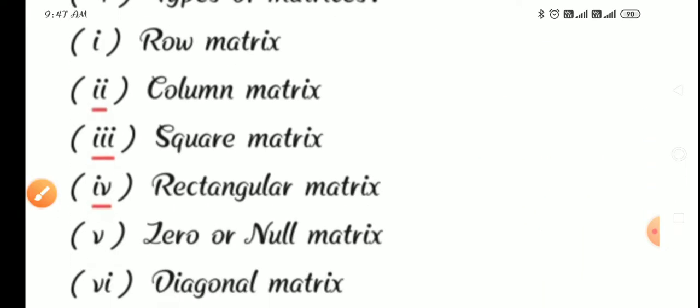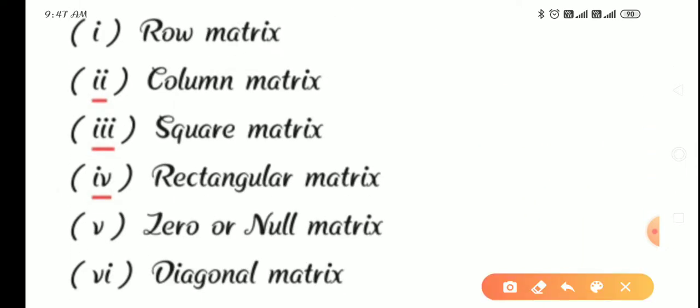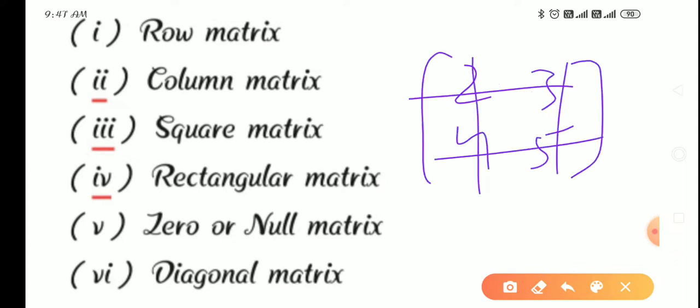Square matrix, now next is coming: a matrix in which the number of rows and the number of columns are equal is called a square matrix. Just before I told you 2 3 4 5, here 2 rows, 2 columns, order is 2 by 2, so it is a matrix of order 2. You can say order 2 or 2 by 2. It is a matrix of order 3 if it is a 3 by 3 matrix, means 3 rows and 3 columns are there.